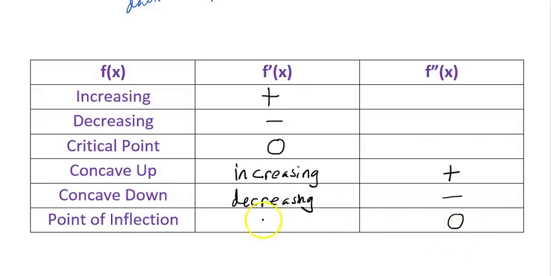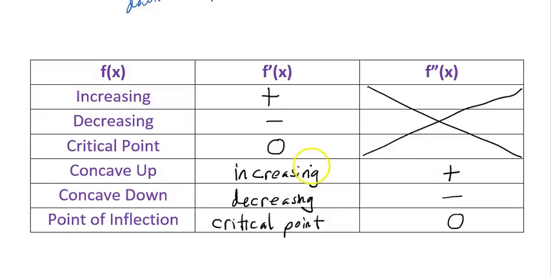And if the second derivative is 0, the first derivative is going to have a critical point. Again, that is because they have that same relationship as you have with the original and the regular derivative. Now, this part over here, we didn't put anything in for a reason. You can't actually figure anything out there. So we just have to know these relationships and how they're related.